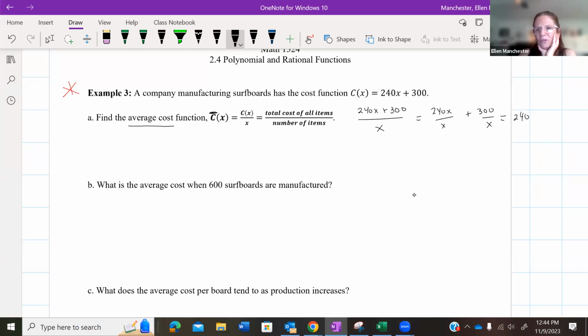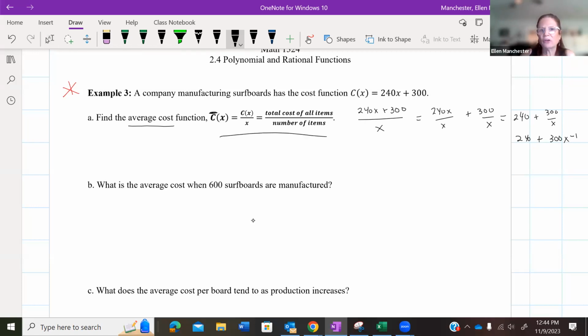I got 240x divided by x, so those x's cancel, plus 300 over x. Or I can write it as 240 plus 300x to the negative 1. So remember, negative exponent just says flip it over.